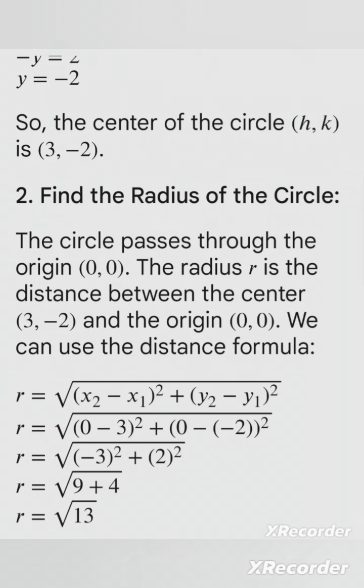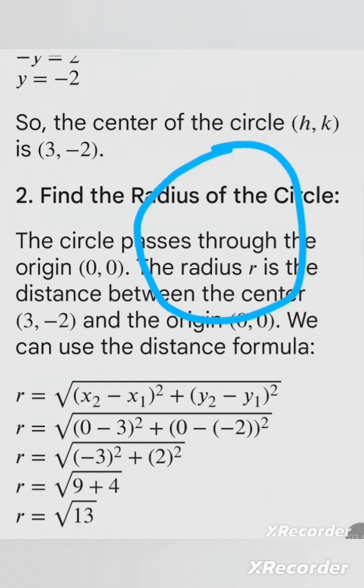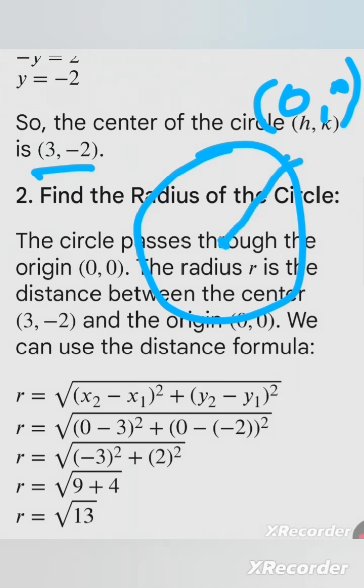So the radius will be the distance between the center, at 3 comma minus 2, and the origin, the point 0 0 on the circle. That is what is done here: (0 minus 3) whole square plus (0 minus minus 2) whole square, which comes to root 13. So r is equal to root 13.